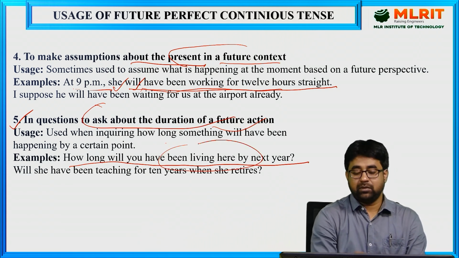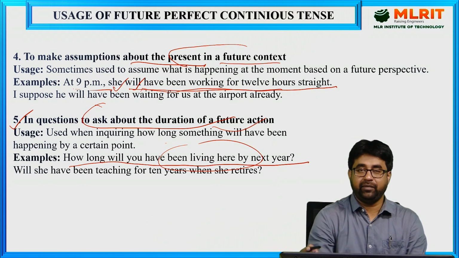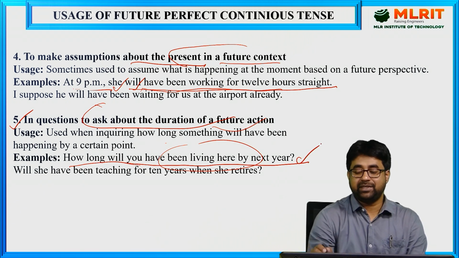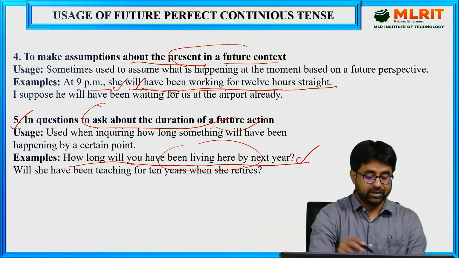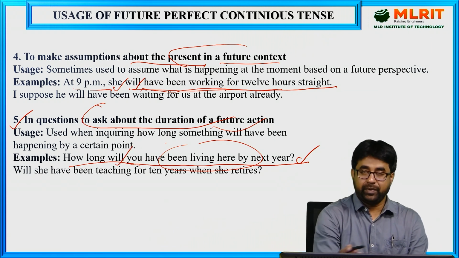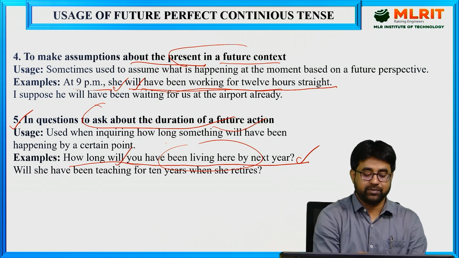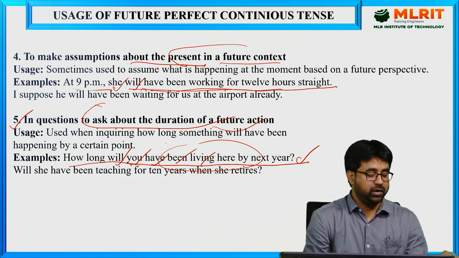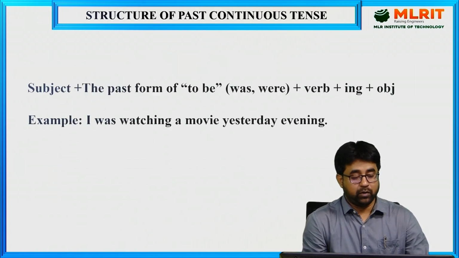What was the future act? Living, the act of living. So which tense am I using here? Future perfect continuous tense. How long will comes before because it's an interrogative sentence. Will you, then have been, right? So I hope this is clear.